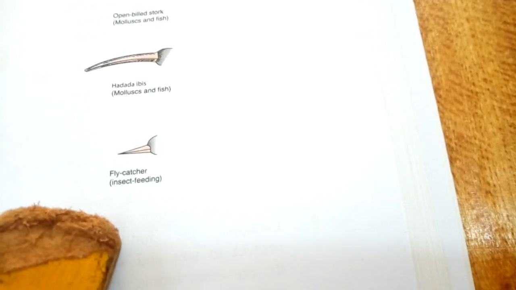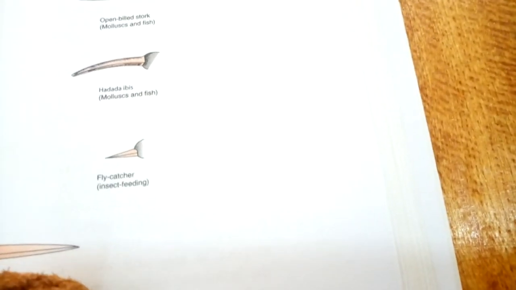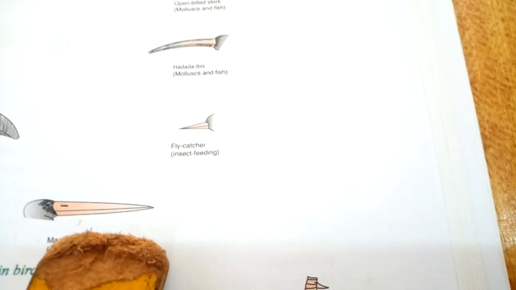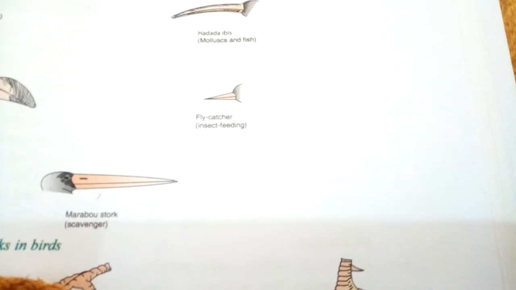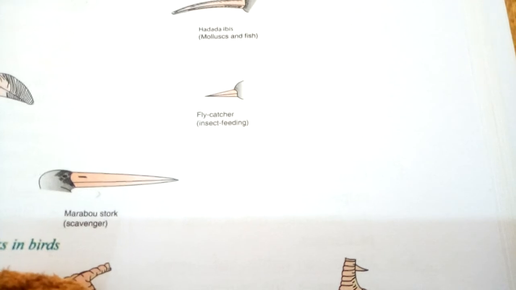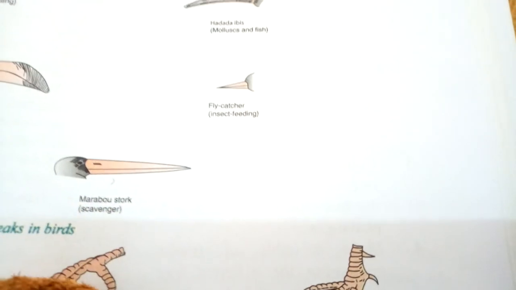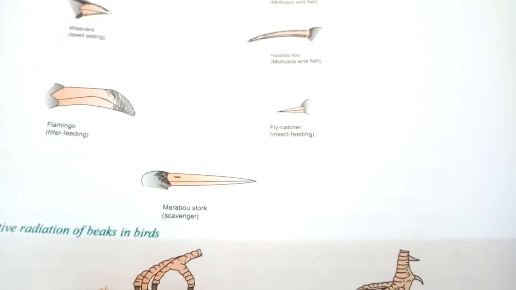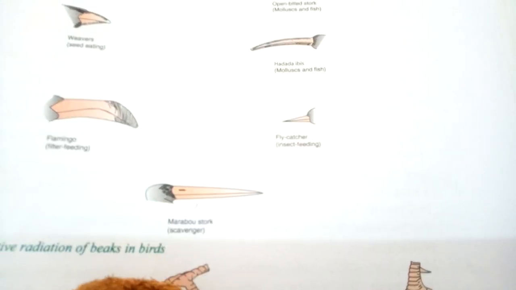Then we have the fly eater, insect feeding. The beak is sharp, narrow, pointed. And then lastly we have the marabou stork, a scavenger: long beak, sharp, pointed to be able to feed on carcasses.